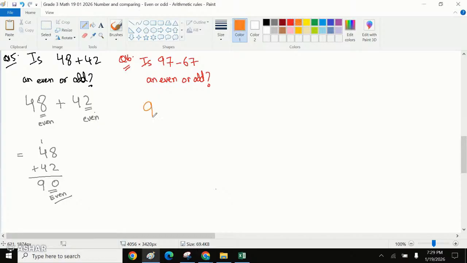So we know that 97 minus 67, this was odd. This is also odd, right? So we had the rule that whenever both the numbers are even, the result is even. And when both the numbers are odd, then the result is even. So same type of numbers being subtracted or added together will give an even result.